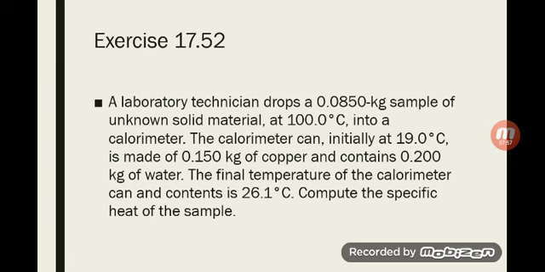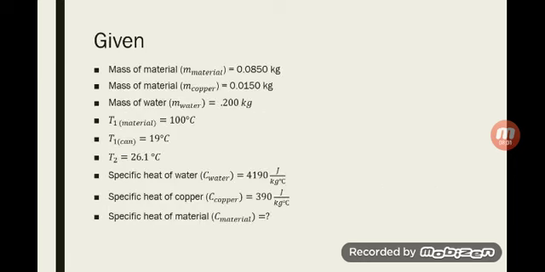So we're trying to find the specific heat of the unknown material. We're given the mass of the material, 0.0850 kg, the mass of the copper, which is 0.150 kg, and the mass of water, which is 0.200 kg.